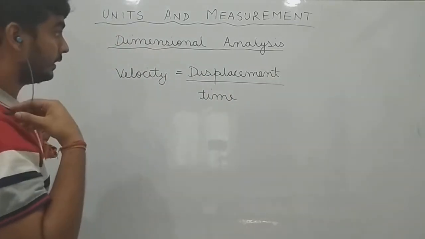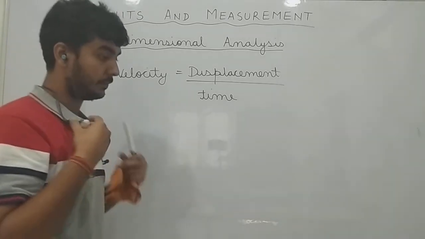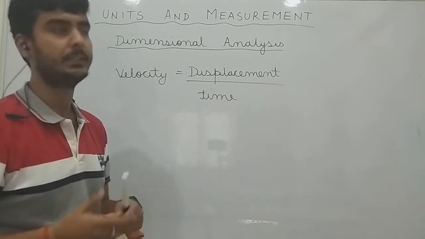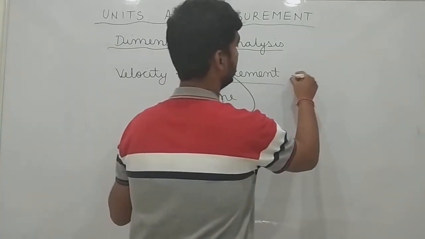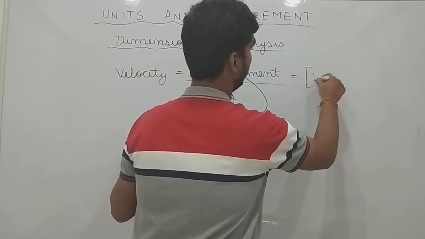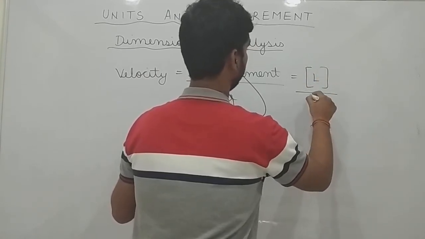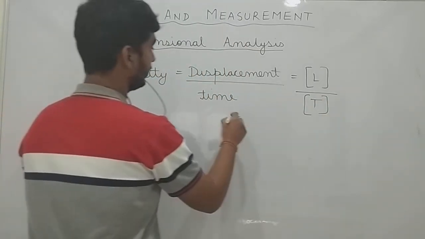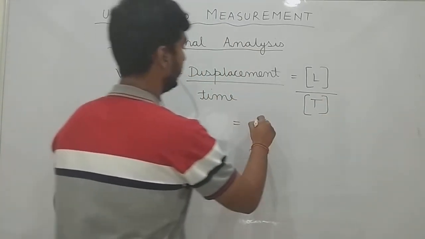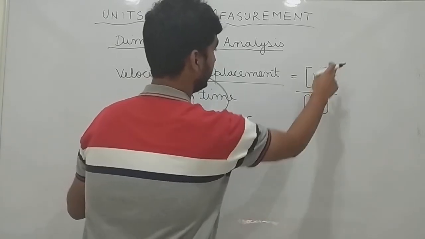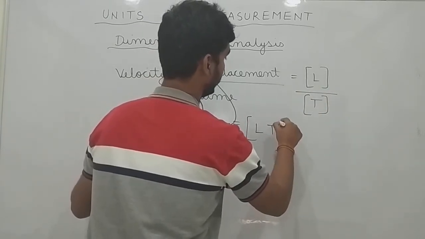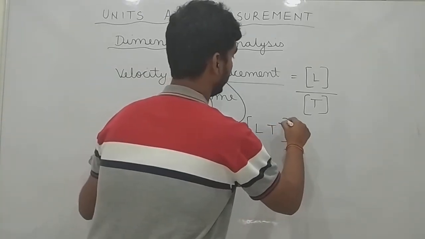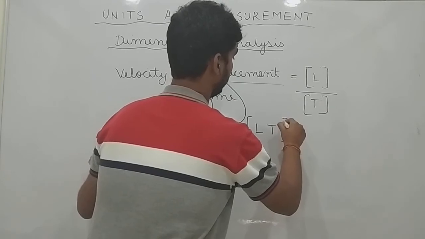Now displacement, what will be the dimension for displacement? Displacement is length only. Basically you are measuring length only. So the dimension used for displacement will be L. The dimension used for time will be capital T. So the dimensional representation of velocity will be L by T. This T will go in the numerator, so it will be L T to the power minus 1.